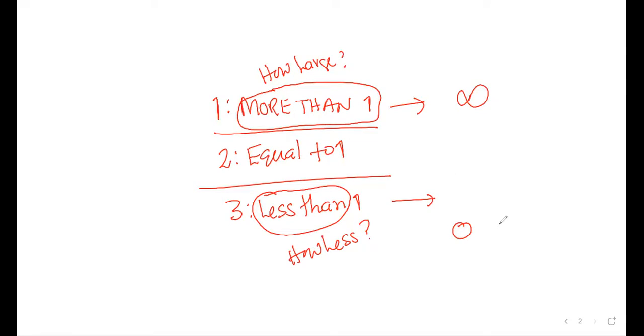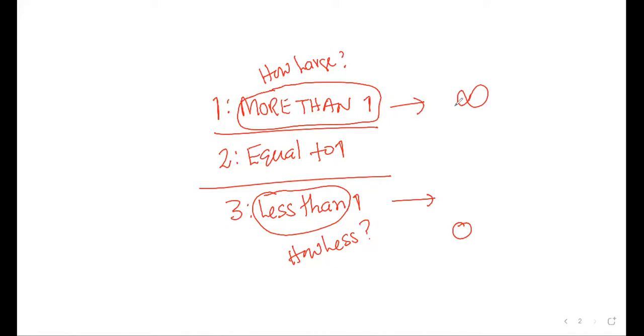But if we look at it absolutely, ratios can take only these three values. More than 1 যদি উপরেরটা নিচের চেয়ে বড় হয়, equal to 1 উপর নিচের চেঞ্জটা যদি সেম হয়, less than 1 উপরটা যদি নিচেরটার চেয়ে ছোট হয়। ঠিক আছে?